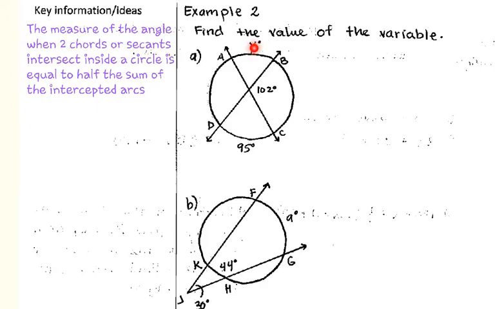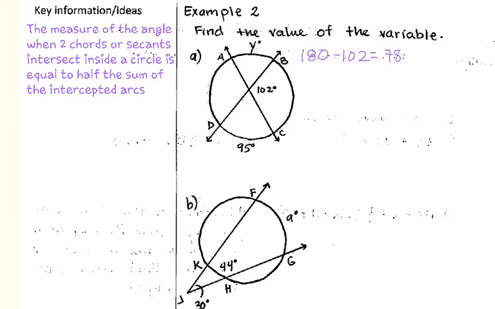We want to find this intercepted arc, so that means we're going to need this angle measure. We can find this angle measure because we see that line DB is a line, so that means the angle here is 180. So let's go ahead and find that angle. That angle will be 180 minus 102, which will give us 78 degrees.